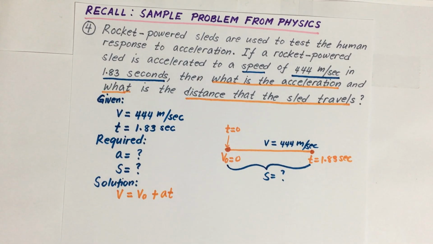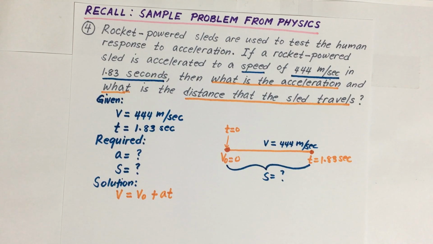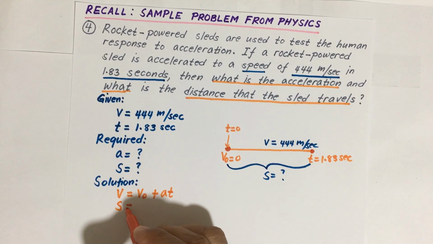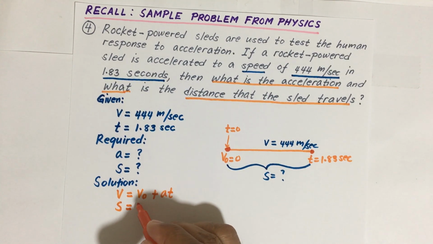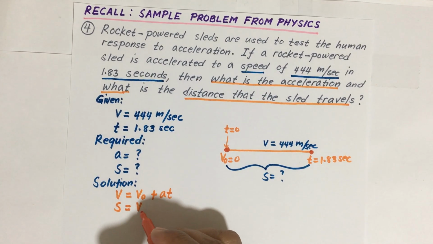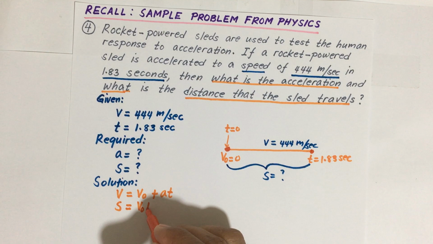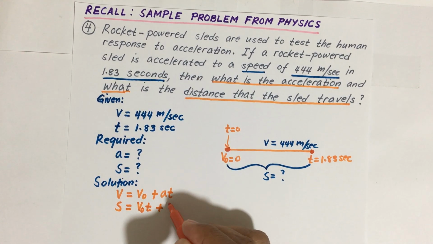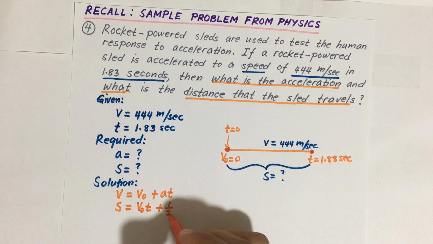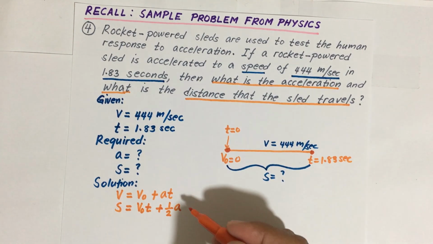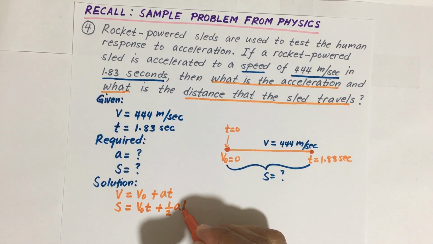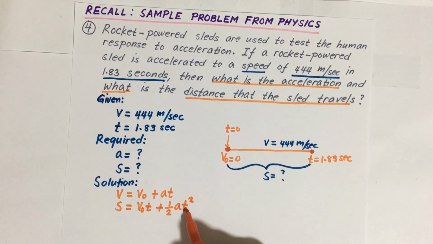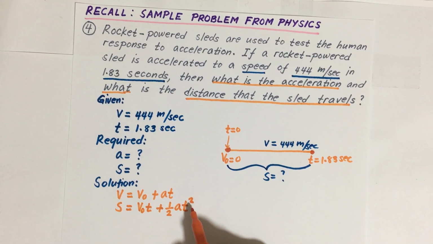And we also have the displacement S equal to initial velocity multiplied by the time t, then plus 1/2 a times t squared, acceleration and the square of the time.